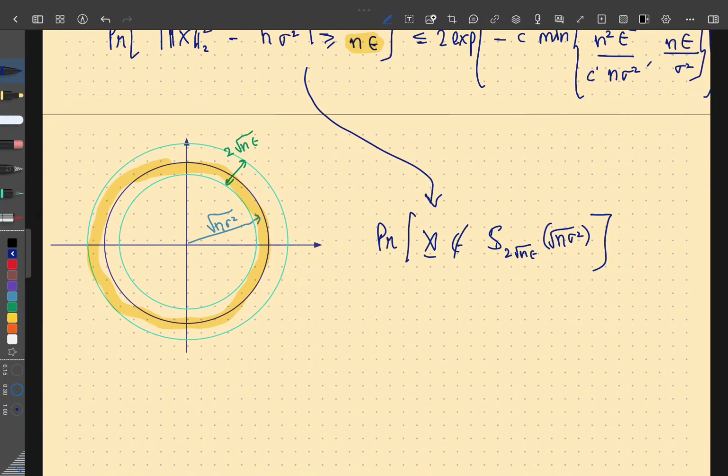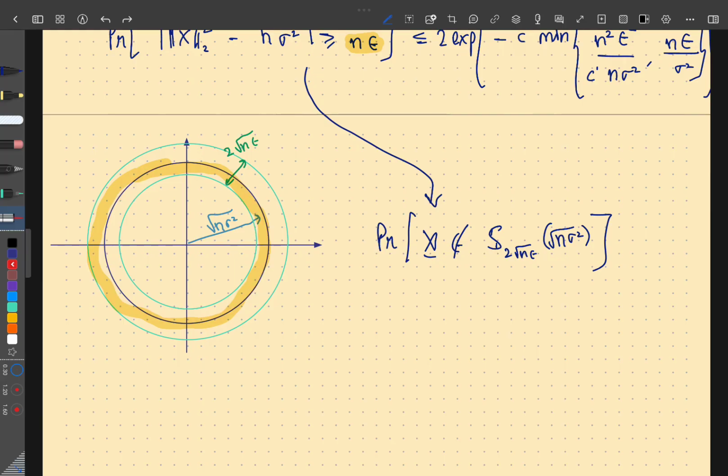So with very high probability, x is going to lie within this thin shell. Sorry if I confused you. Basically most of the probability is in this thin shell and very little probability is outside this thin shell.